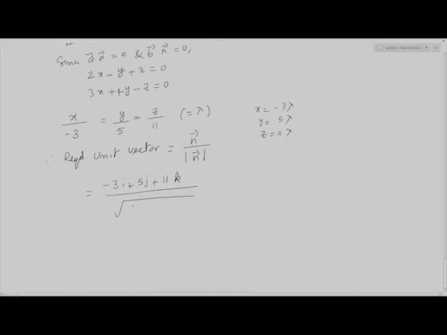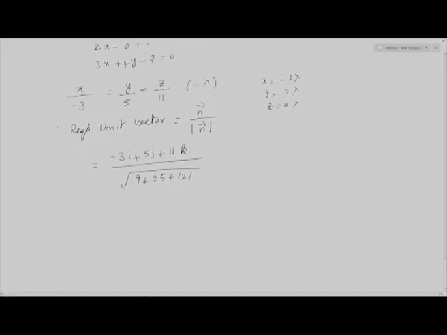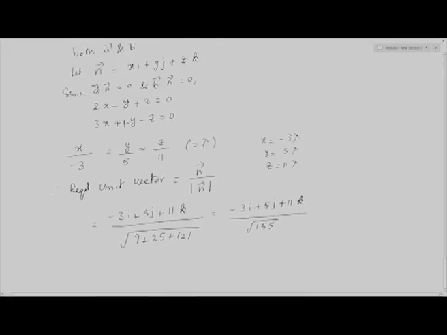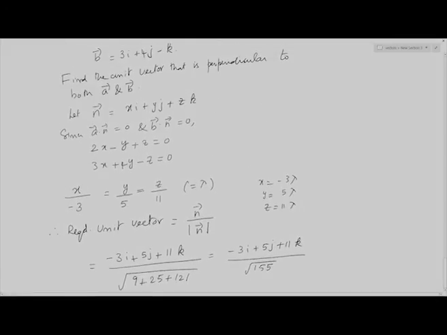It is simply 9 plus 25 plus 121. Therefore, this is the required unit vector: minus 3i plus 5j plus 11k whole divided by square root of 155. So, this is how we find the unit vector that is perpendicular to given two vectors A and B.